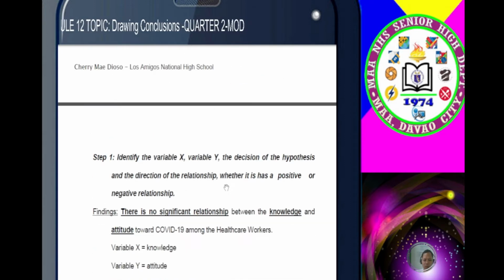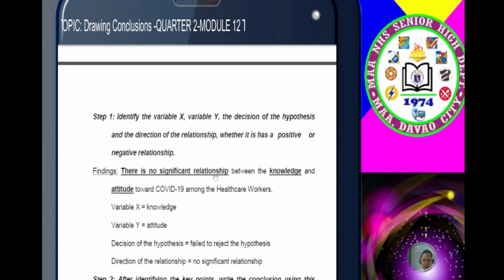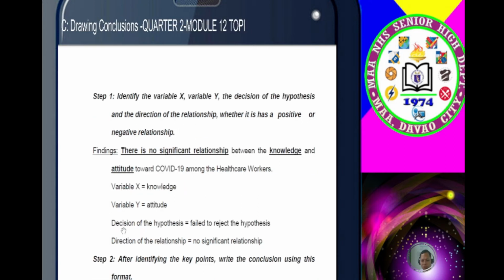So let's identify the variables, variable X and variable Y. Variable X here is knowledge, and variable Y is the attitude. Let's identify the decision. It is stated that we fail to reject the null hypothesis because there is no significant relationship. Then the direction: no significant relationship.